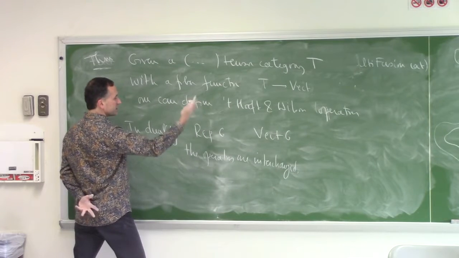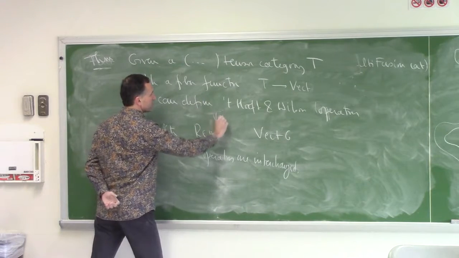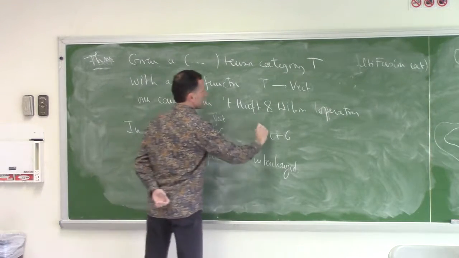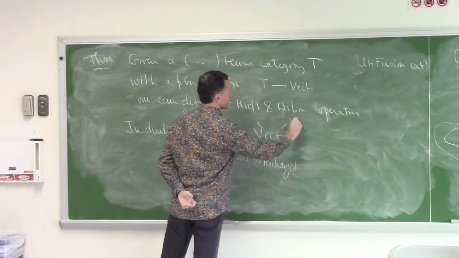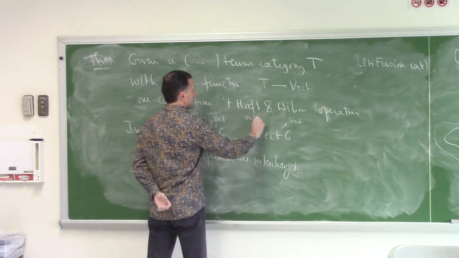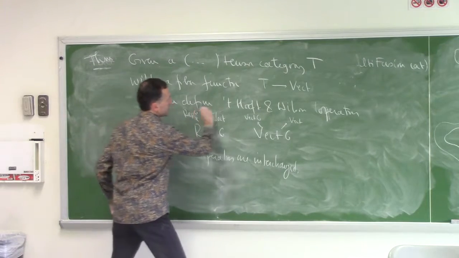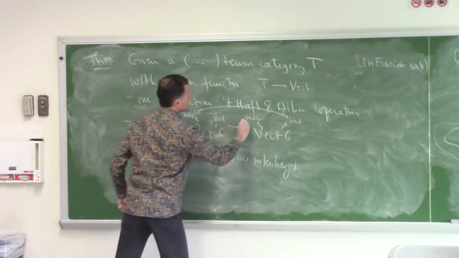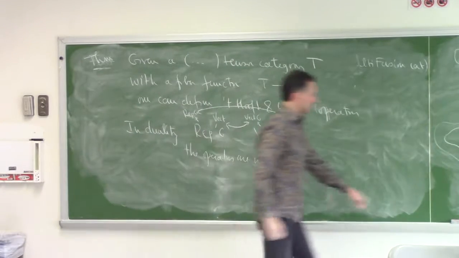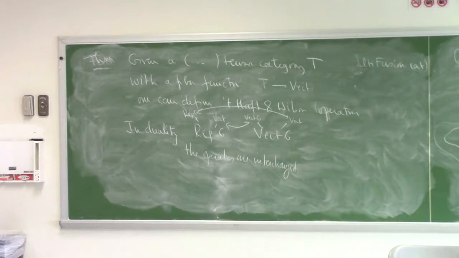Rep G has two natural module categories, the fiber functor to Vect and the category as a module over itself. And the same here, we have a fiber functor to Vect and the category as a module over itself, and these are interchanged by the duality. And then let me state the final theorem.